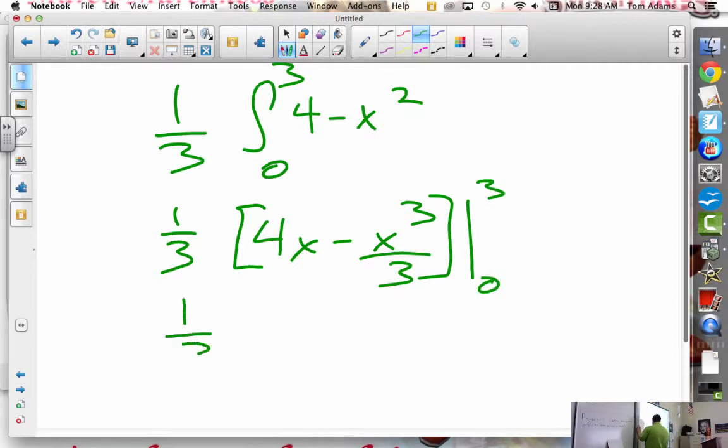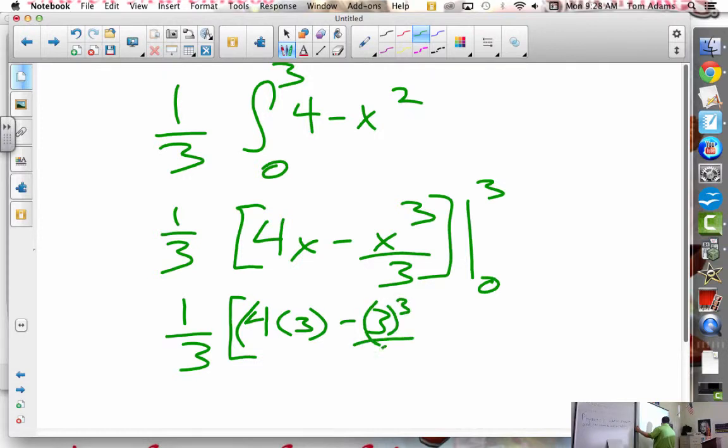So if I say 1/3, I'm going to say 4 times 3 minus 3 to the 3rd over 3, minus, so this is the b stuff. I'm going to take the antiderivative and evaluate it at b first.